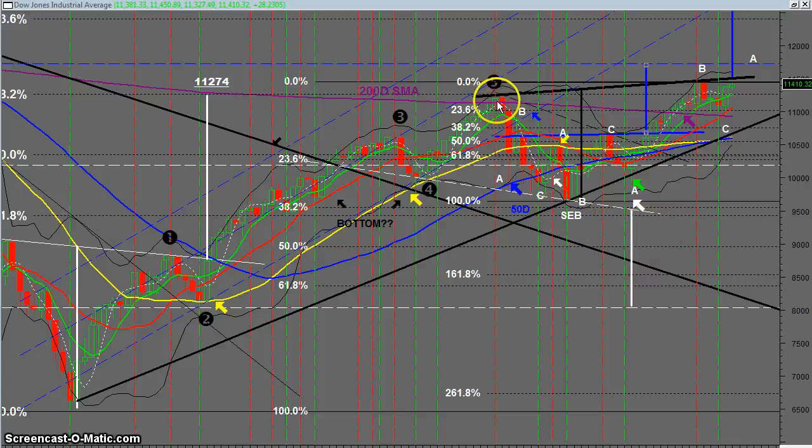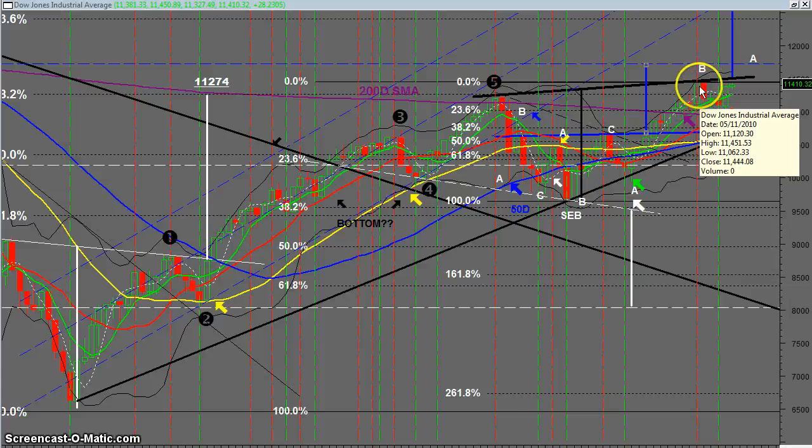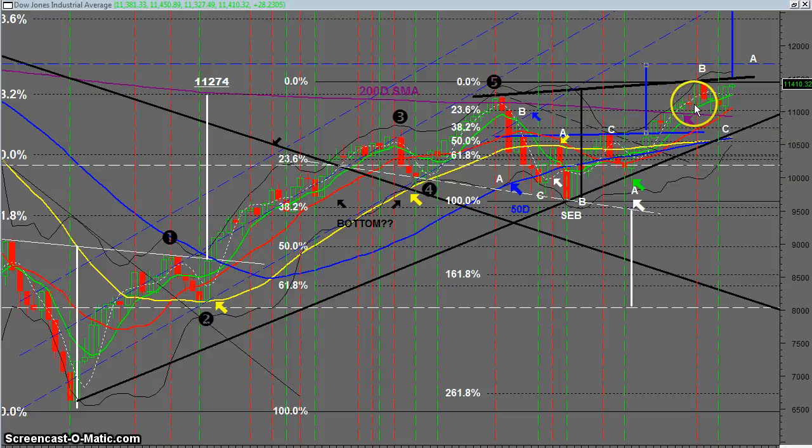Another thing to look at here too, and it's not a perfect one, but it's also looking like a cup and handle. The second high is probably a little bit too high and it may not be valid, but it does have a valid handle.